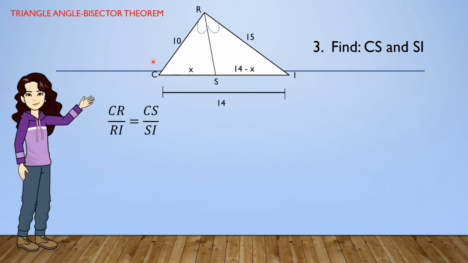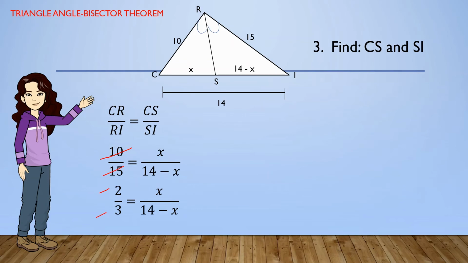CR is 10, RI is 15, equal to X, since CS is X and SI is 14 minus X. Then we simplify the fraction by dividing by 5. 10 divided by 5 is 2, and 15 divided by 5 is 3.